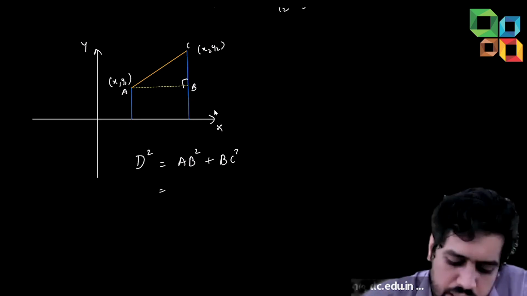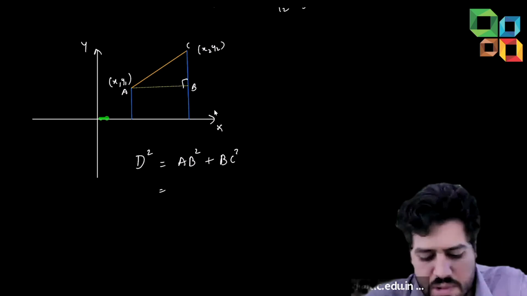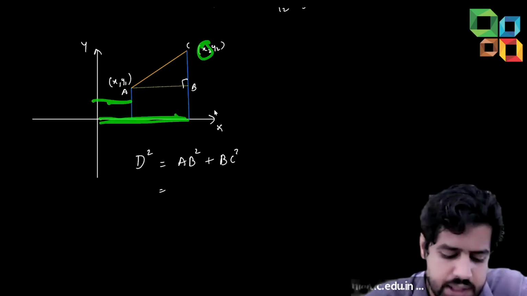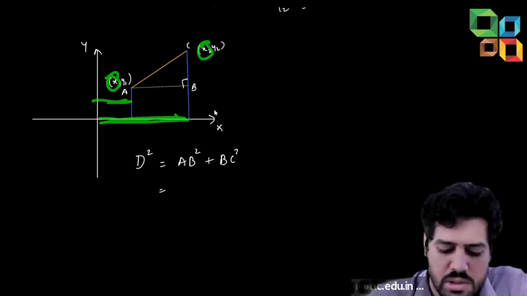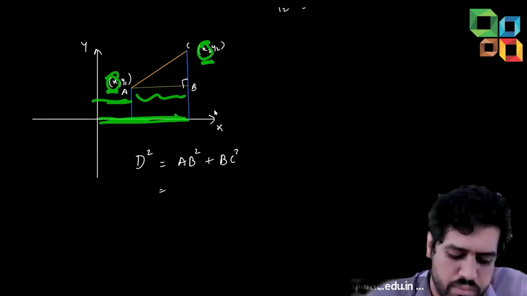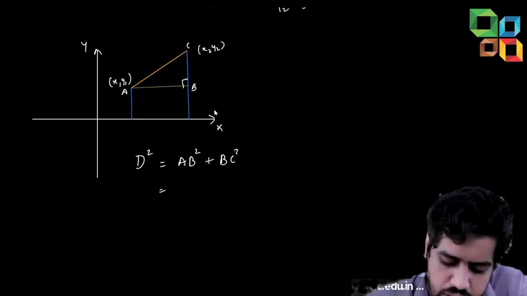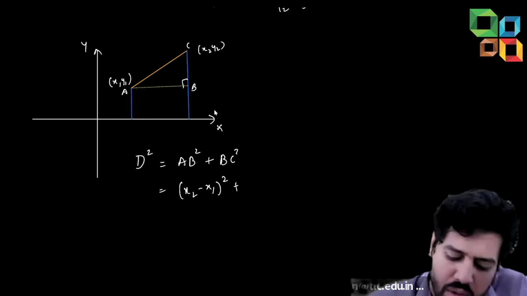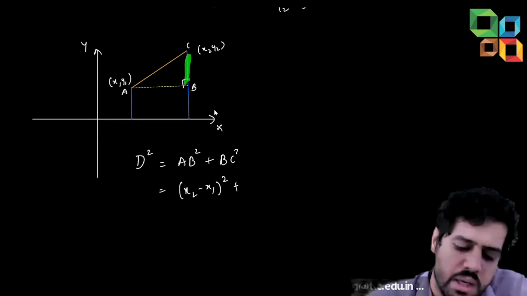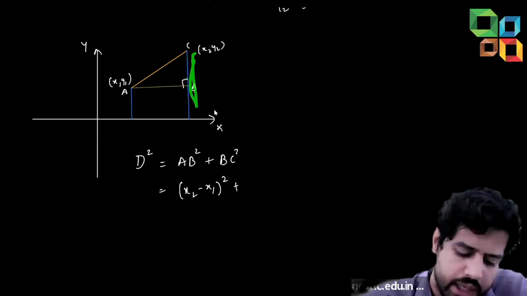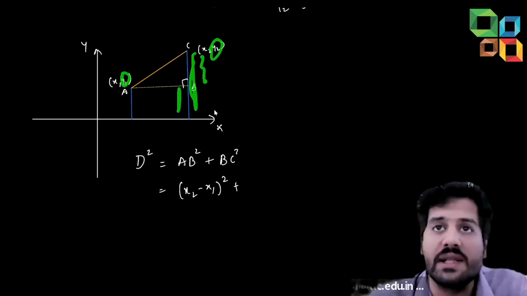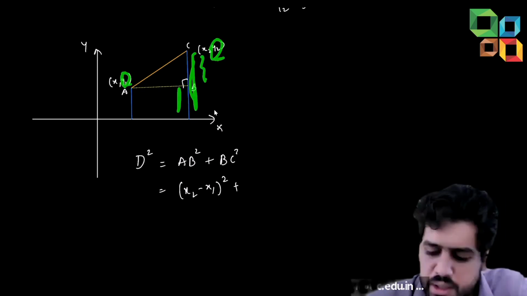So we want the length AB. So distance square is equal to AB square plus BC square. What is AB, length AB? This whole length we saw is x2, right? And this length we saw is x1. So length AB will be x2 minus x1. So AB square will be x2 minus x1 the whole square. What about BC square? This whole height is y2. This height is y1. So the difference is y2 minus y1, right?